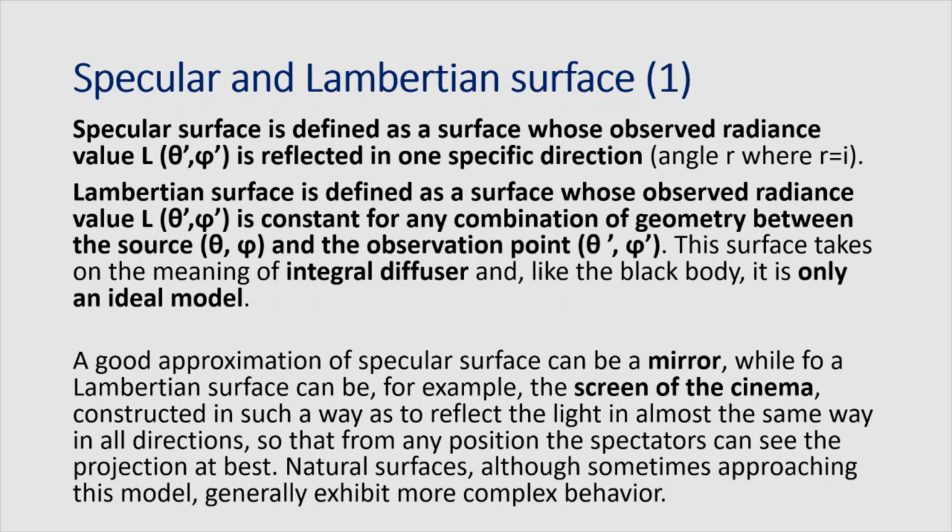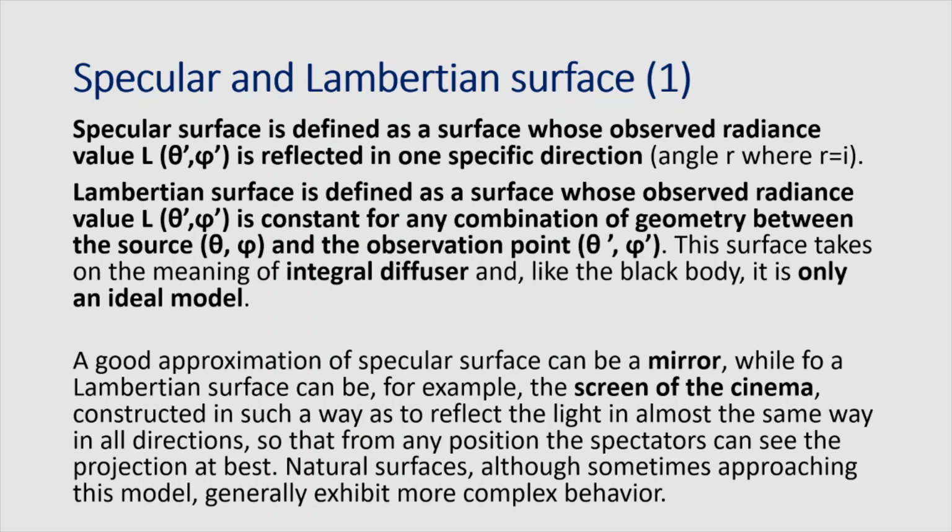These screens act like a Lambertian surface, because no matter which position you are watching from, even from a very inclined position, you can see what is displayed. That means that the reflection coming out from this screen is independent from the incident angle of the source of illumination.